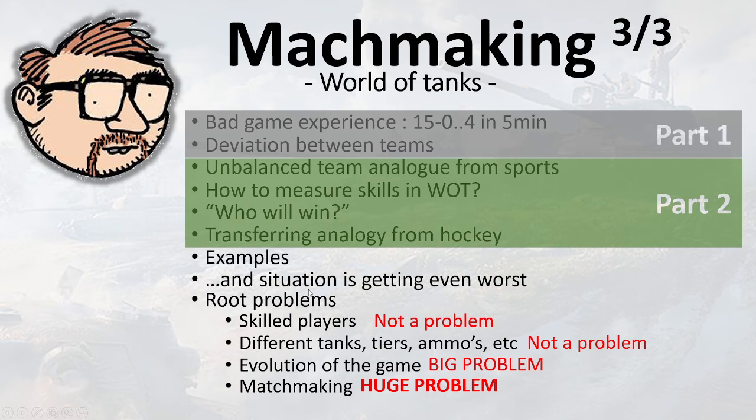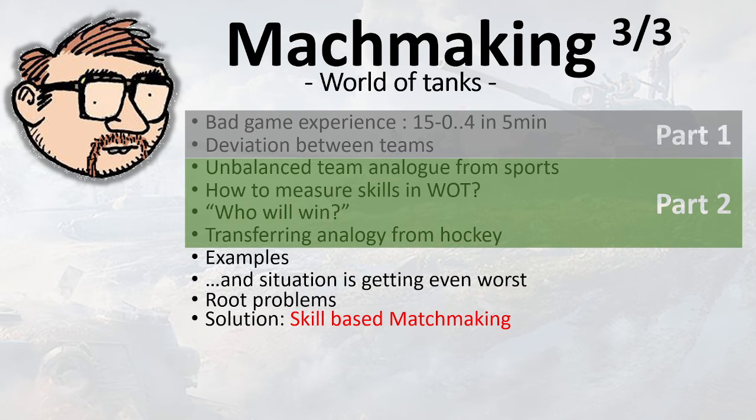When we are looking at the situation where we are right now, what should be done about the deviation between team skills? The solution for this would be skill-based matchmaking, and I know many players are against this for many reasons. One of them is that they enjoy dominating, and they enjoy seeing situations where a Mike Tyson kind of boxer is beating up a 10-year-old boxer.